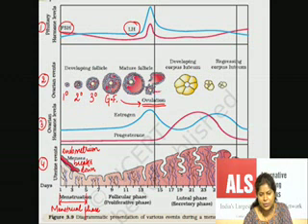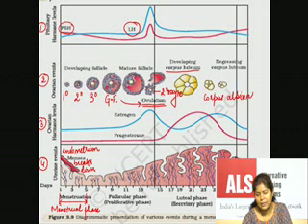After releasing the secondary oocyte, what is left is the corpus luteum, and when the corpus luteum regresses, we have done this, we called it corpus albicans.